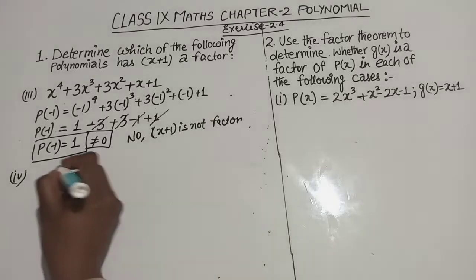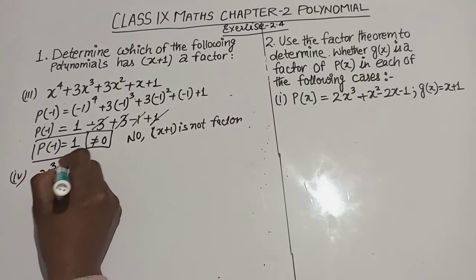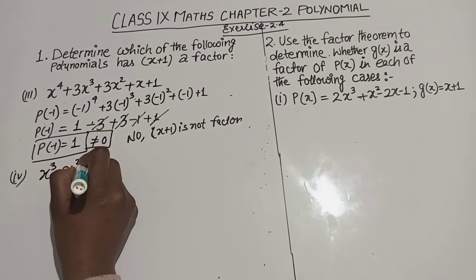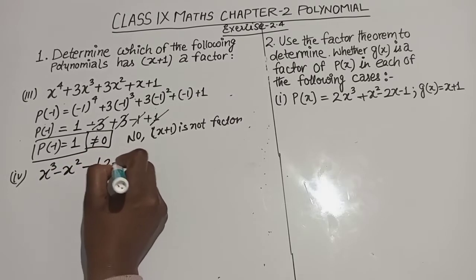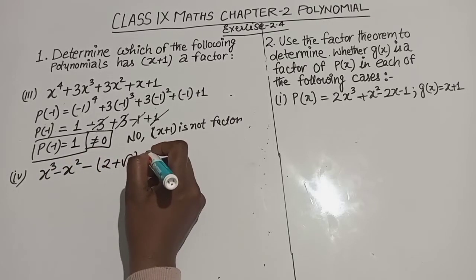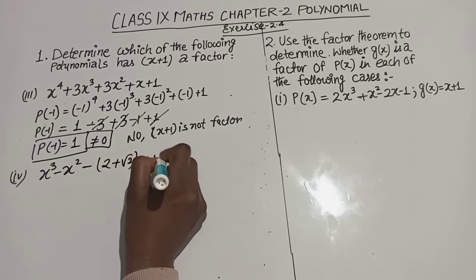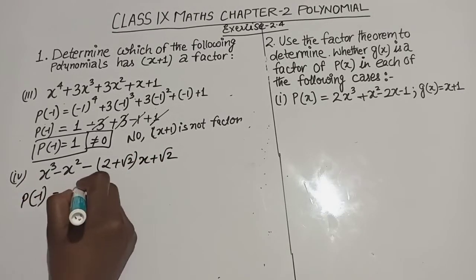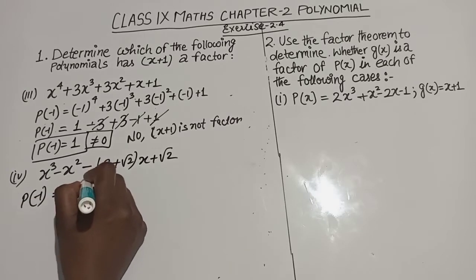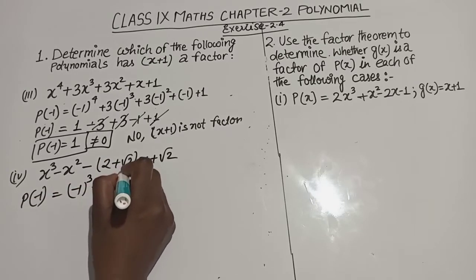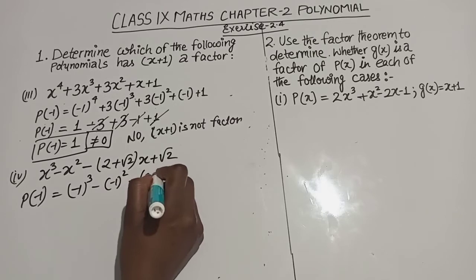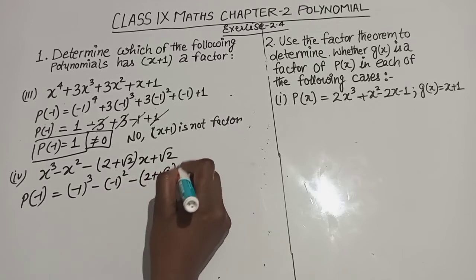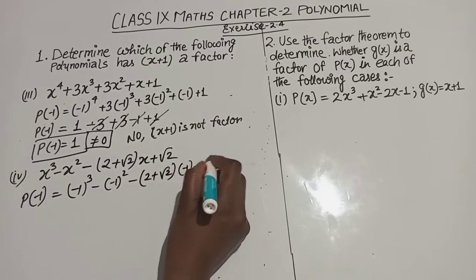The last one of this question number 1 is x cube minus x square minus (2 plus root 2) x plus root 2. So now we put again minus 1 here. So minus 1 cube minus minus 1 square minus (2 plus root 2) times minus 1 plus root 2.